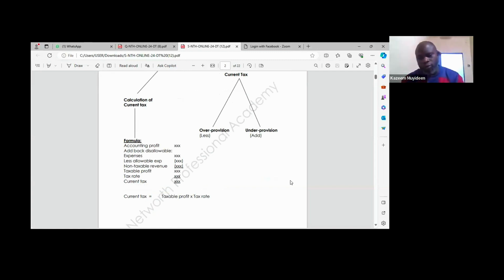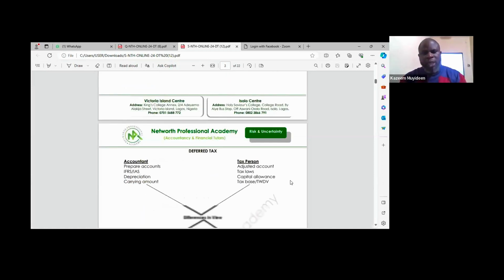Now, the over-under provision. Over provision will be seen on the credit side of the balance, while under provision will be seen on the debit side. But we are not doing published accounts again. It's out of your syllabus.